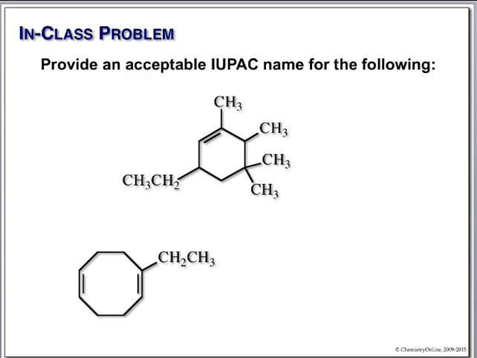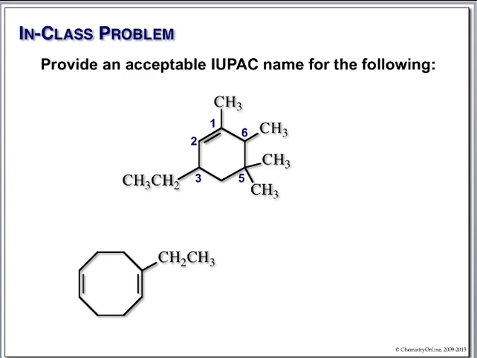If we let this guy be carbon 1, we're going to have a methyl in carbon 1, right? If we let this one be carbon 1, our methyl would be in carbon 2. So we're going to go this way.